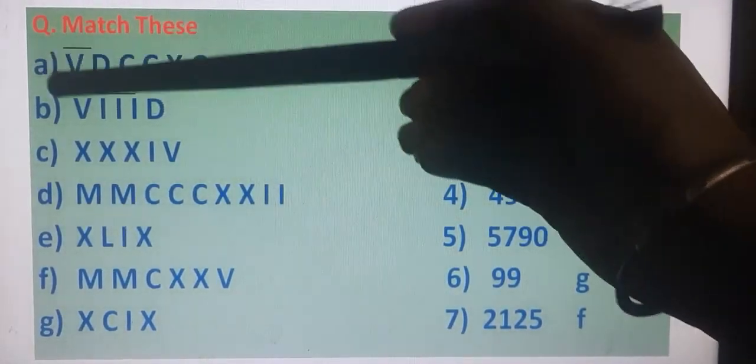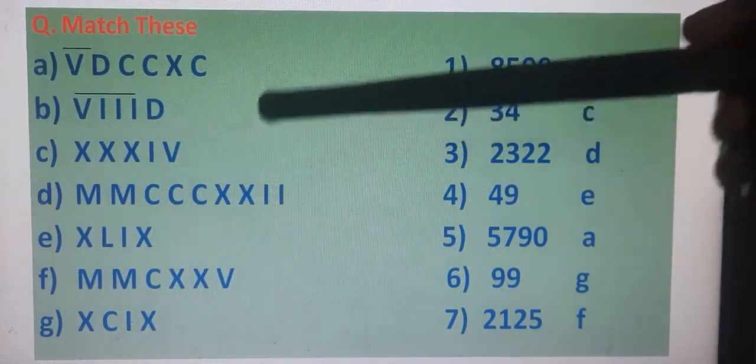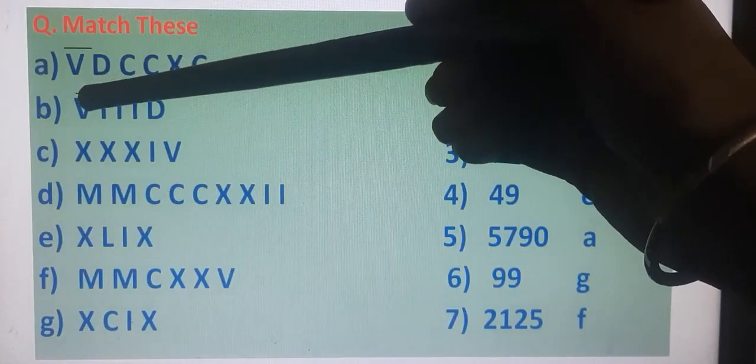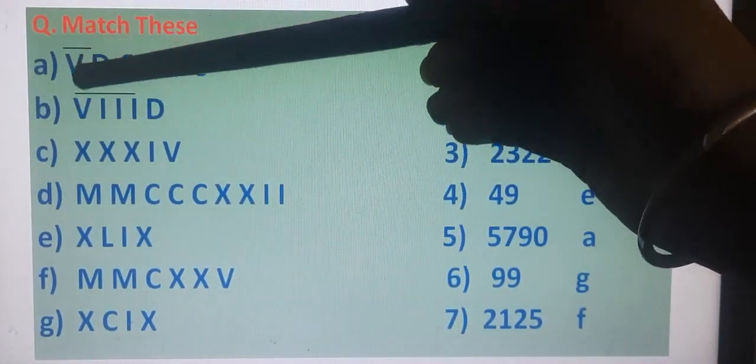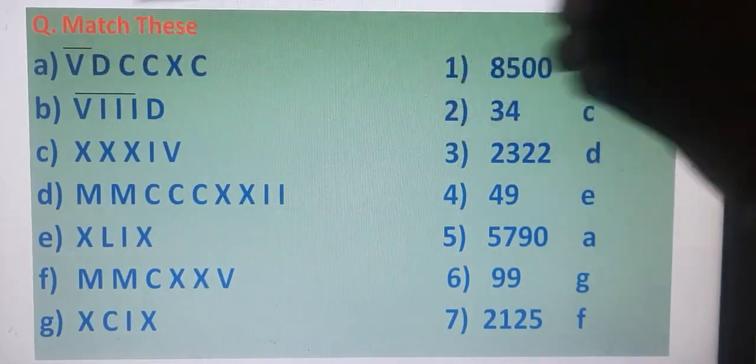This symbol is known as bar. It is placed over a numeral which is multiplied by 1000. Like V is a numeral and bar is put there, so 5 multiplied by 1000. The numeral or symbol which has a bar over it, you have to multiply by 1000.